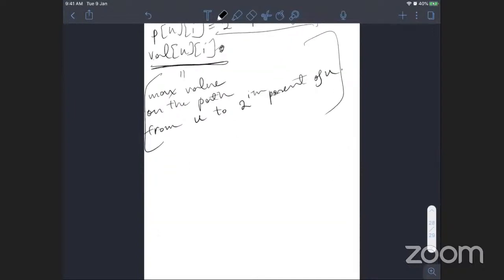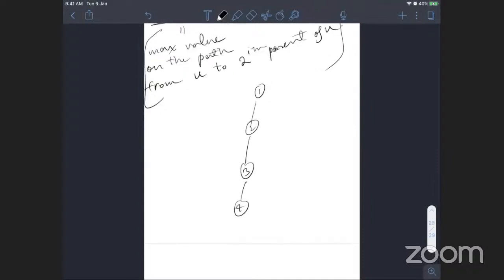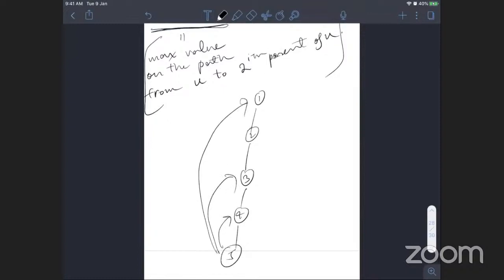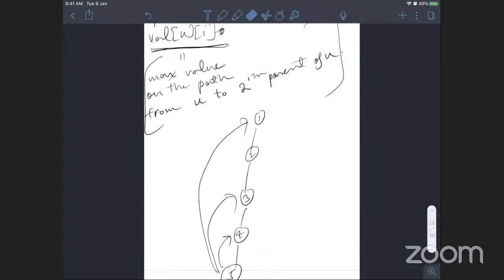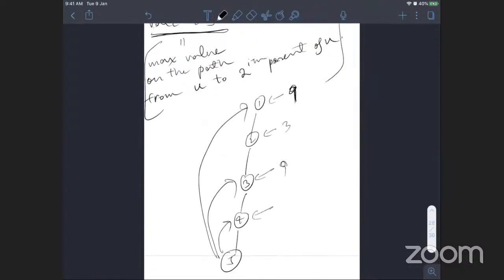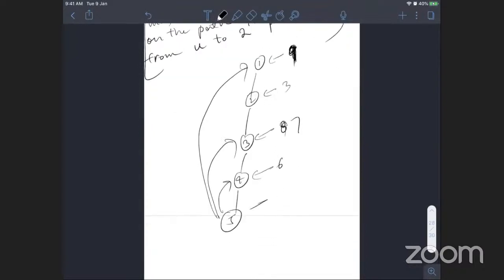Let me give an example. This is the first parent, this is the second parent, this is the fourth parent. Okay, this value is, let's say, 7, 3, 9. Okay, let's put this as 9, put this as 7, put this as 6, put this as 1.